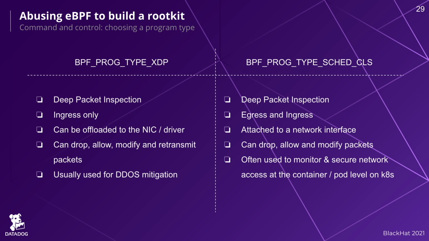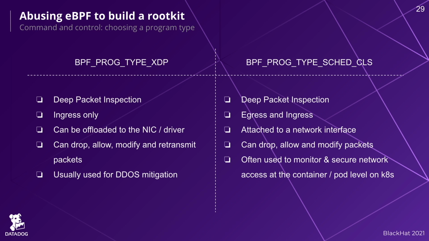Another difference between the two is that XDP programs can be offloaded to network interface controllers, which essentially means that your program will be run before the packet enters any subsystem of the network stack. On the other hand, TC programs have to be attached to a specific network interface, which means that they are triggered much later in the network stack.